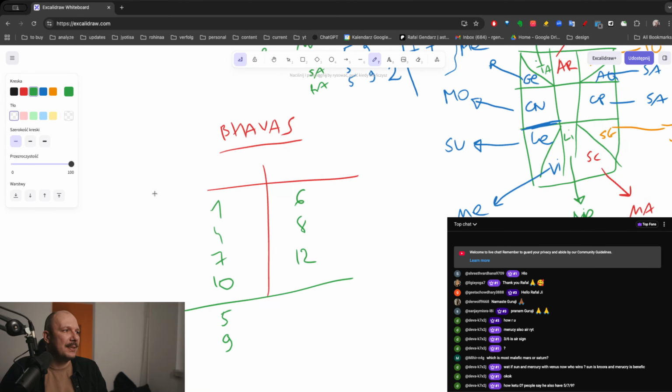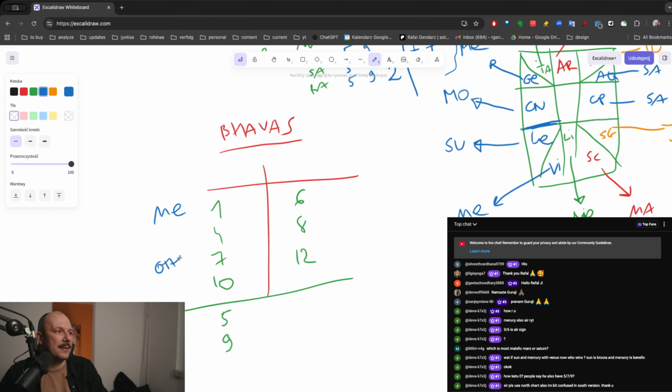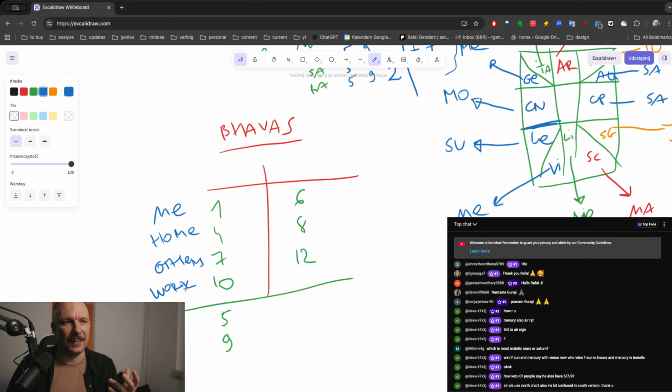And from this, we can maybe first decide: the first house is about me, and the 7th, something opposite to me, is about others. Similarly, the 4th is the place, my home. And the 10th is the work, outside, status, fame, okay?